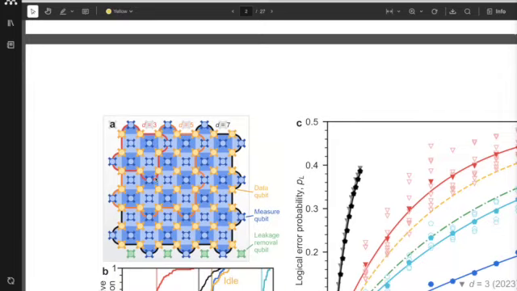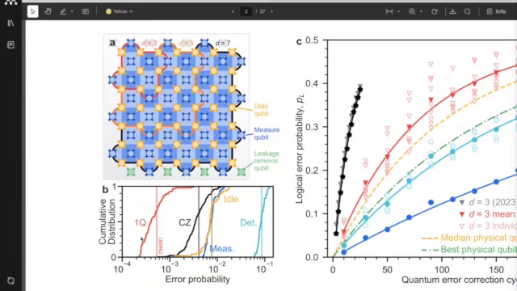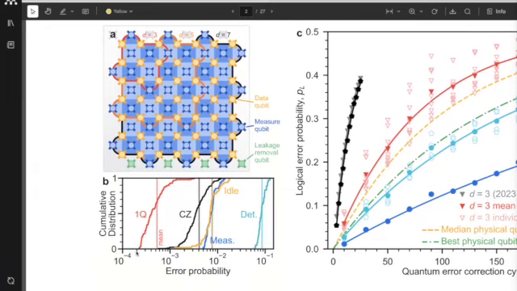Then firstly here in figure 2, they consider the error probability distribution for the individual qubits for the 105 qubit chip they were using. They want to show that a single physical qubit has a probability which is 1/1000, which is very small.